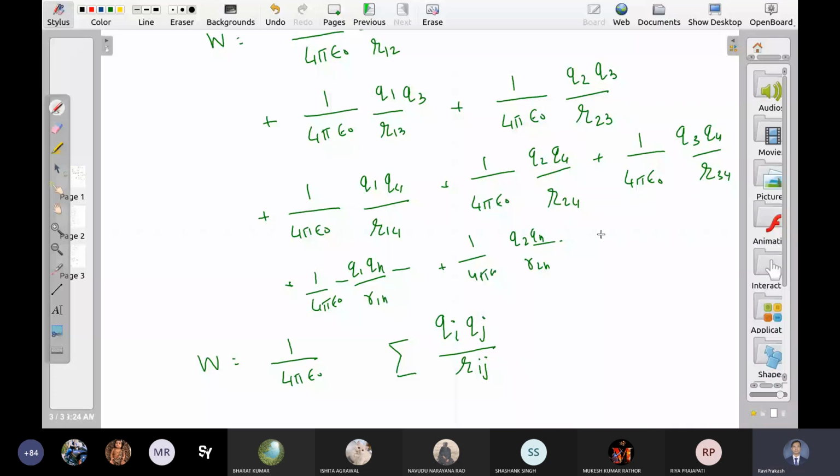Right. And like this. So we can say that this first index i is equal to 1 to n and j is also equal to 1 to n, but i is always less than j. Agree?